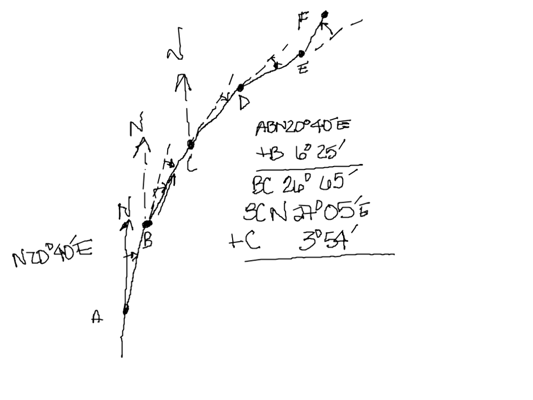Okay, so it looks like you guys have it, and that's what it looks like. So what's going to happen when you get to here, when you're trying to calculate E to F? Exactly.